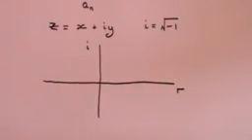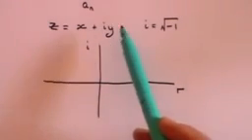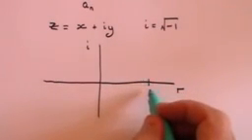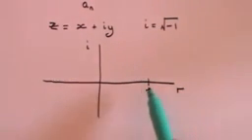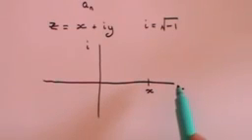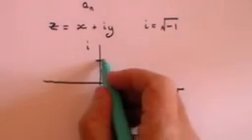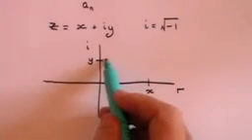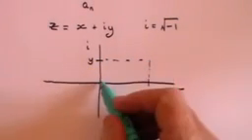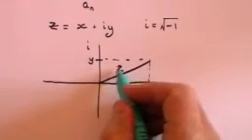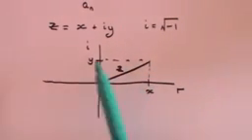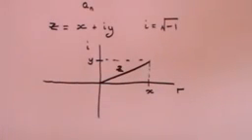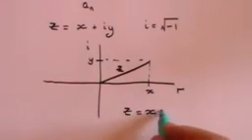So if we have a vector that is x plus iy, that means that we show x, which is the real number, on the real axis, and we show y, which is the value of the imaginary number, on the imaginary axis, and that means that the vector itself, z, will equal x plus iy. That's the way we represent it. So z equals x plus iy.